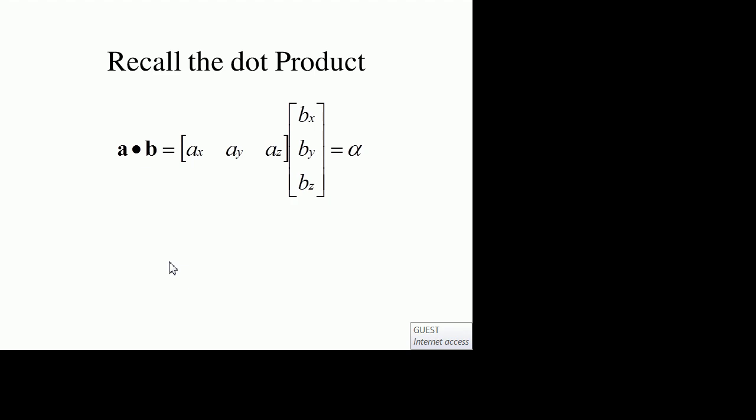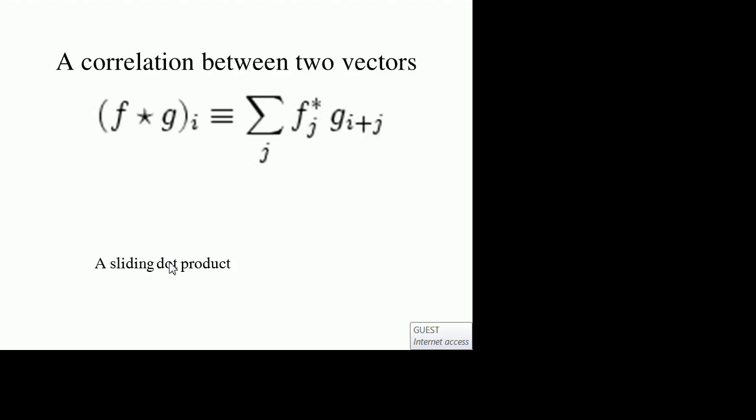And that's it. Now think about the correlation. The correlation between two vectors is actually a sliding window dot product. It's a piecewise multiplication of one vector times another vector with some offset, and you add it together, and then you take that second vector, you see where the j is, and you change j a little bit, and that causes g to start to slide.